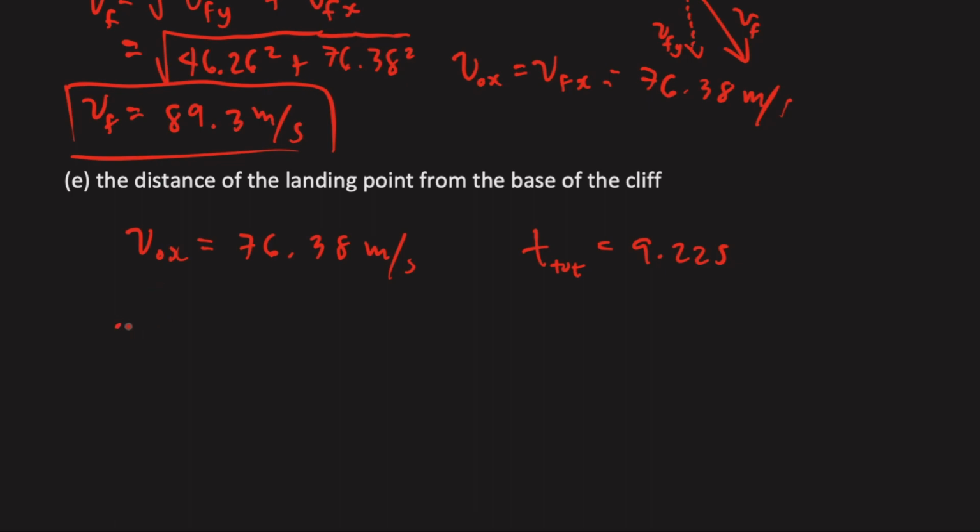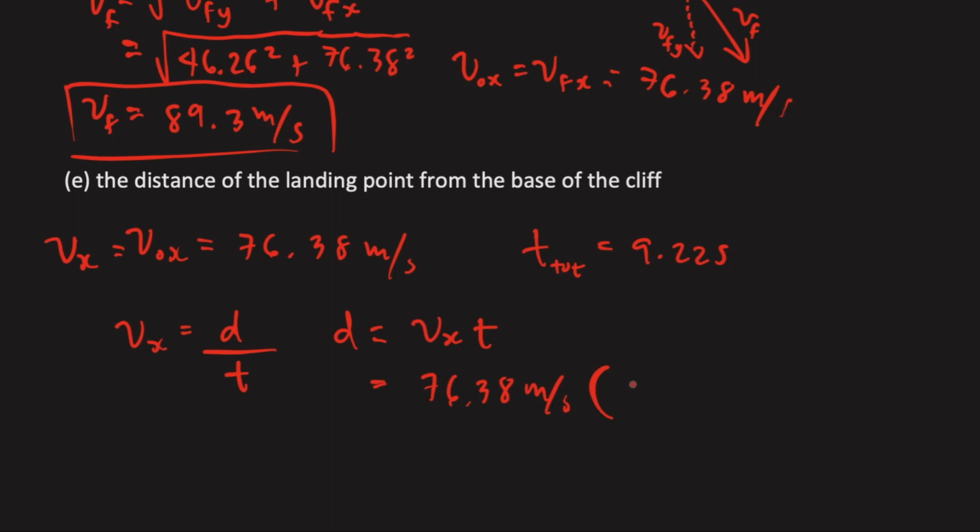So Vx is equal to d over time, and therefore d is equal to Vx t, and Vx is 76.38 meters per second times the total time, which is 9.22 seconds.